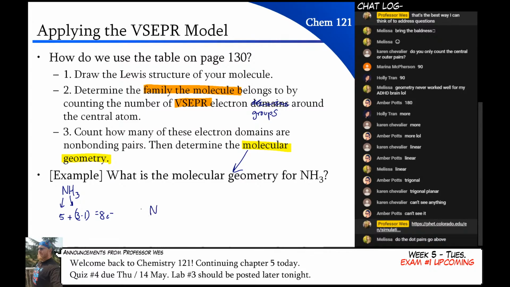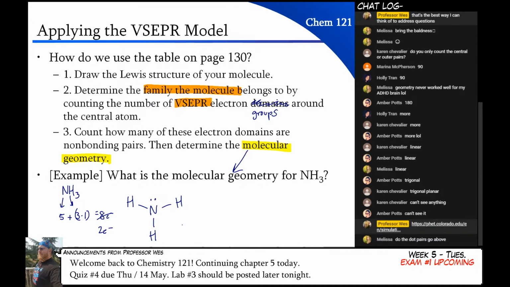But I might not know that at the start, so we'll just do this to start. I don't know, this seems like a good guess. Maybe it's trigonal planar. Doing this cost me 6 electrons, so I still have 2 left, which means I had to put 2 more down.